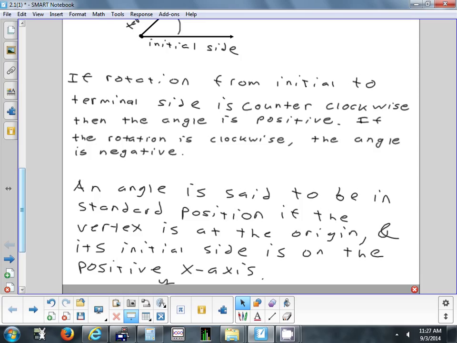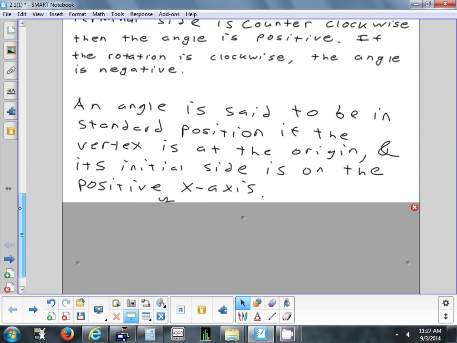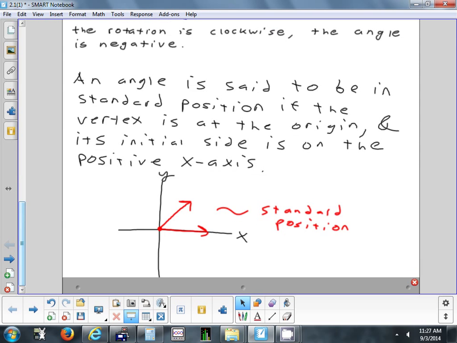Okay, the program that I just brought up on the screen, all those angles were in standard position. Vertex at the origin, initial side always stayed on the positive x-axis. Okay. There's another example of an angle in standard position.